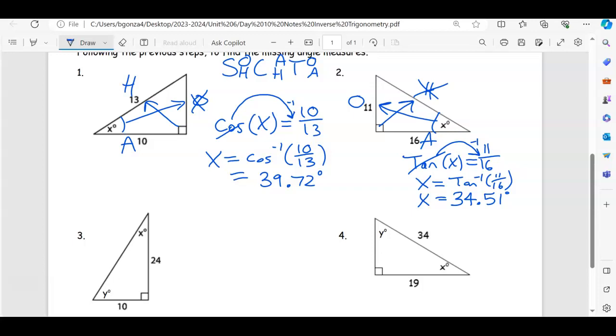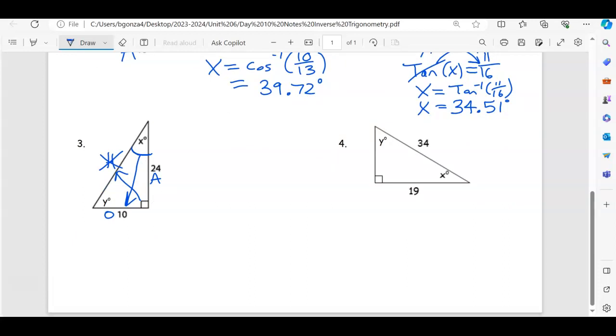So once again, label OHA starting at x. Which one do I not need? H is blank, so I'm just going to use OA, which is tan x equals O over A, 10 over 24. I move the tan to the other side to get rid of it.